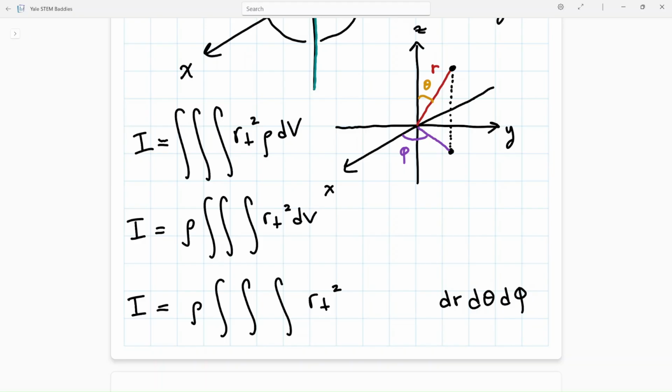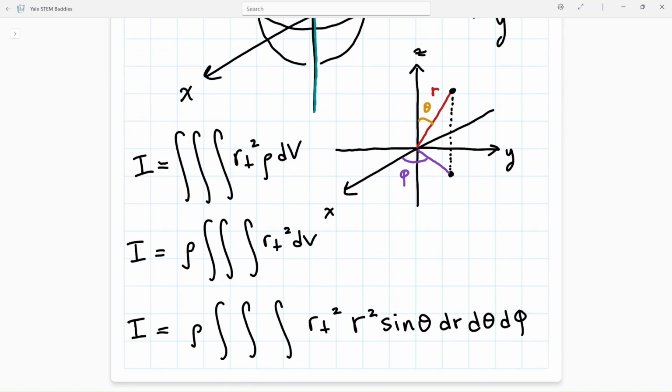For spherical coordinates, hopefully you've memorized at this point, or you can memorize, that this factor is equal to r squared sine theta, where r squared is the distance of any arbitrary point to the origin, and of course theta is that angle with respect to the z-axis.